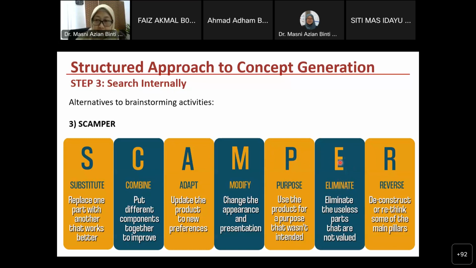Probably when you eliminate some parts, you can come up with a product which is more lightweight, more compact. That's how you develop a new design concept. If you notice, who has had a laptop? Laptops in the old days had a CD-ROM. You could press one button, the CD holder came out, and then you could put in a CD. Do laptops nowadays still have a CD-ROM slot? Does your laptop have one? No. So basically the old laptops had it.